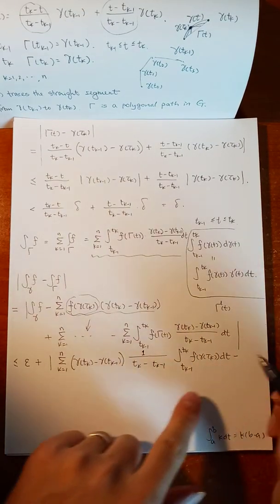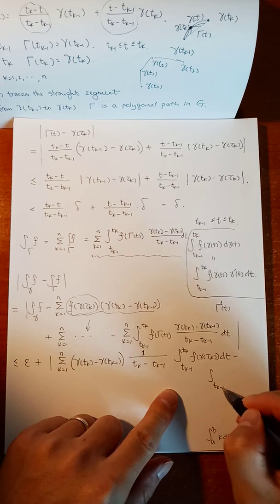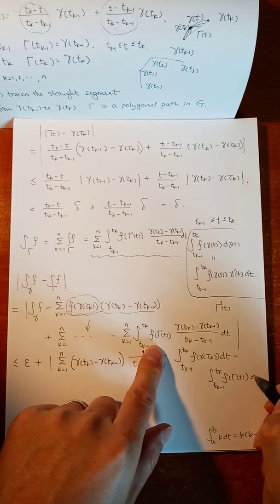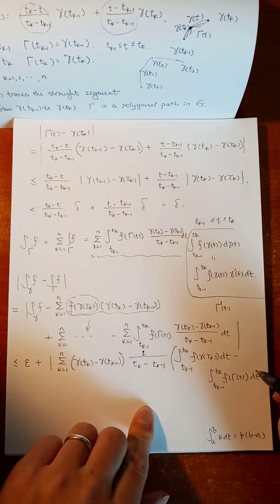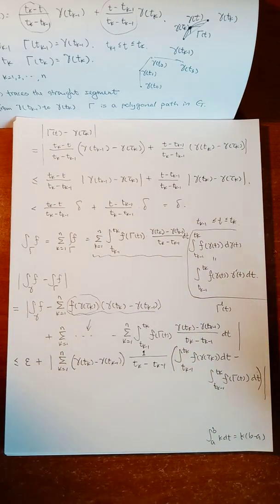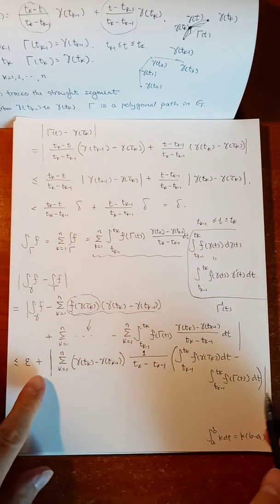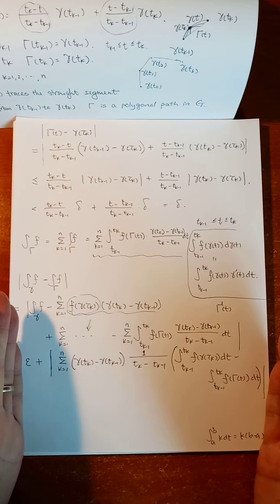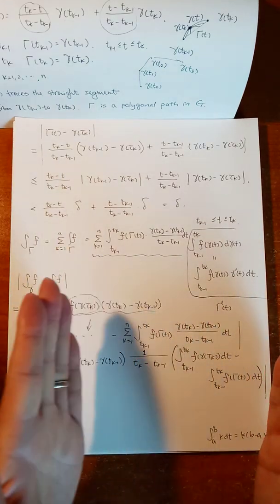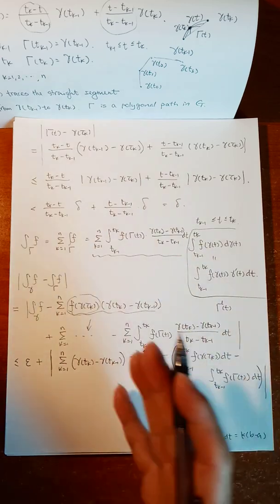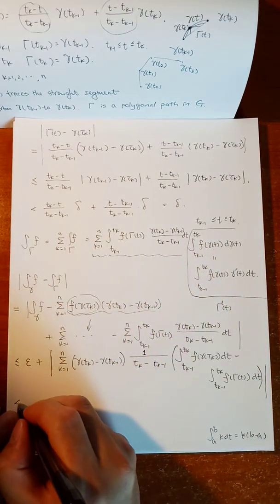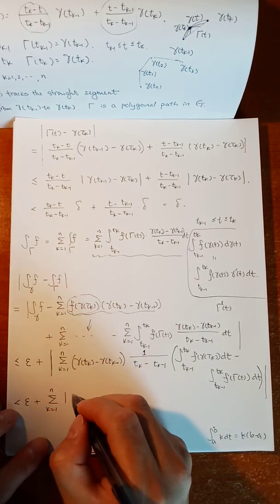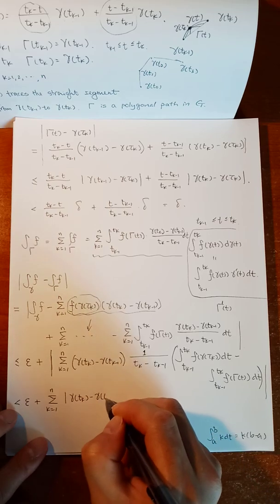And the minus part, f of capital gamma(t) dt, sits inside a big parenthesis with an absolute value. We move this absolute value into the sigma, so it's less than epsilon plus the sum from k from 1 to n of the absolute value of gamma(t_k) minus gamma(t_{k-1}).